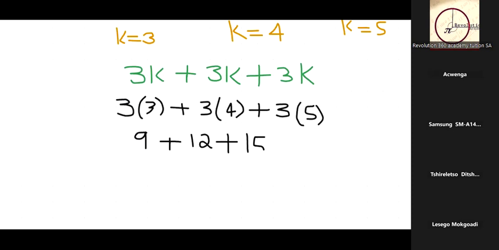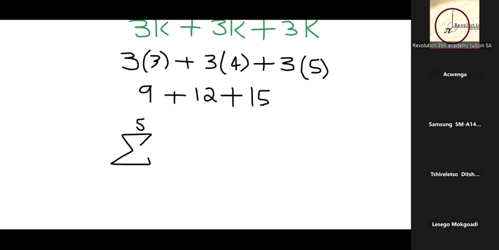And then after that, you now write it properly, in the context of writing sigma. That will be 5, the number on top of the sigma. And then the number at the bottom of the sigma is k equals 3. And then here we are having what?